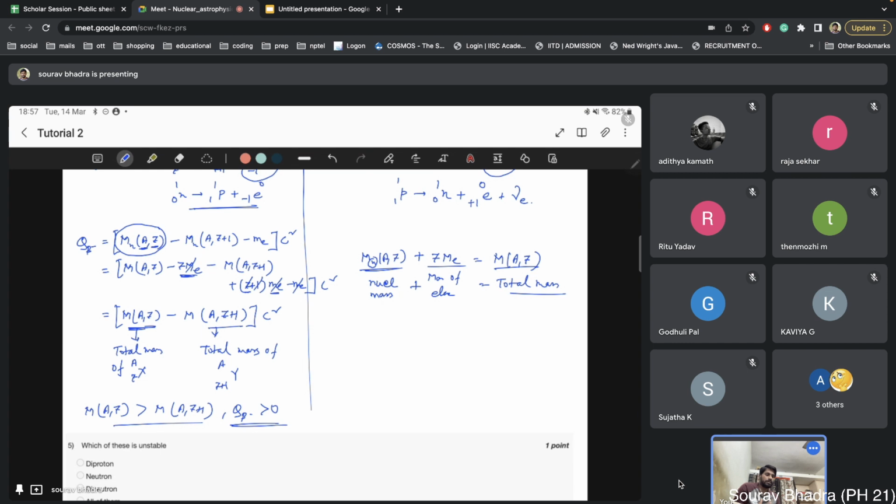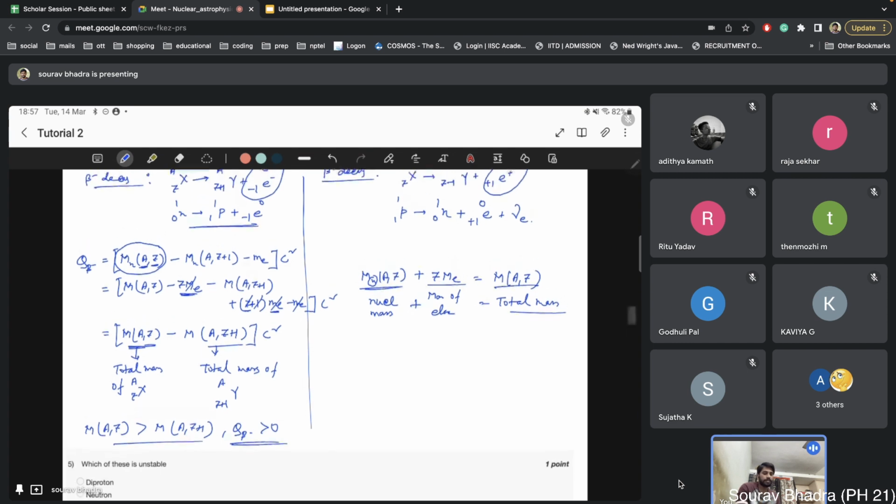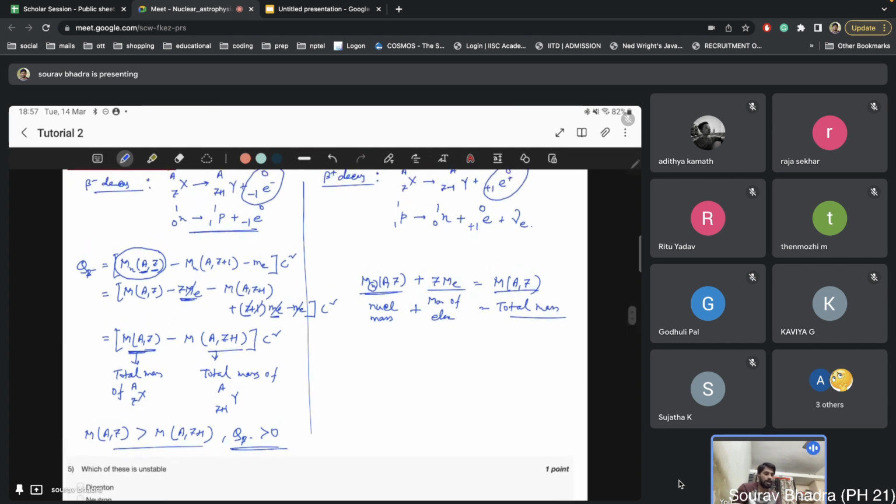That means if the particle which has been created by the nuclear reaction, that is Y, has a mass which is less than the parent particle X, then it will release energy. Exactly what happens in fusion, that two smaller nuclei... sorry, it cannot be compared with fusion, it is actually fission.